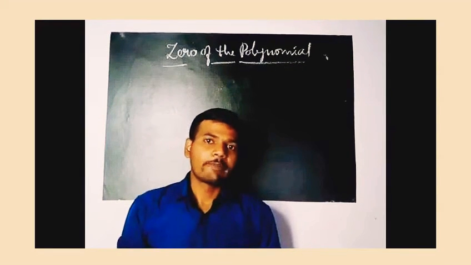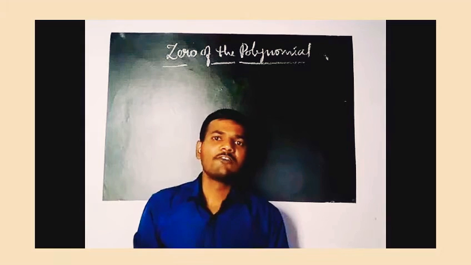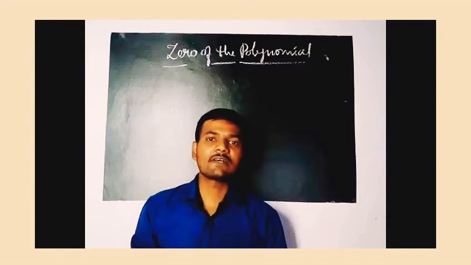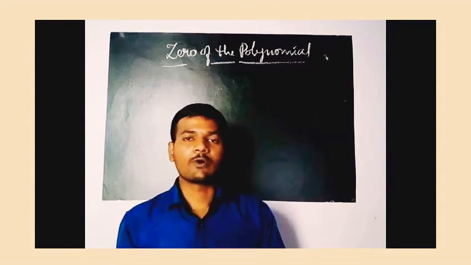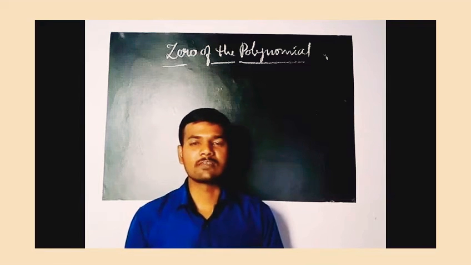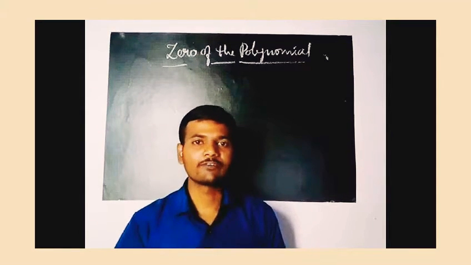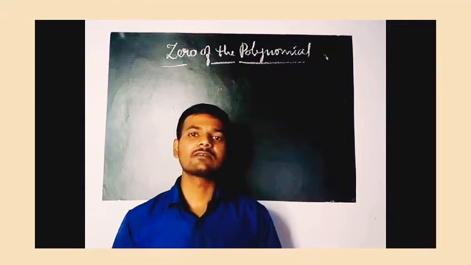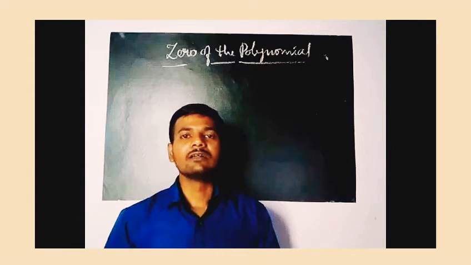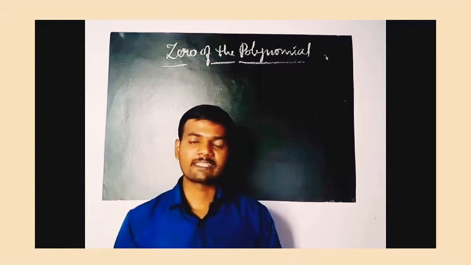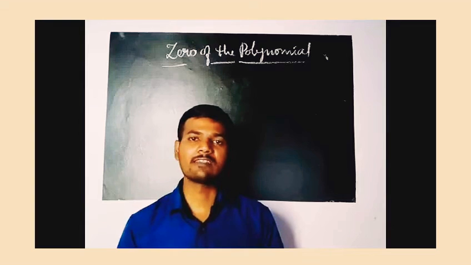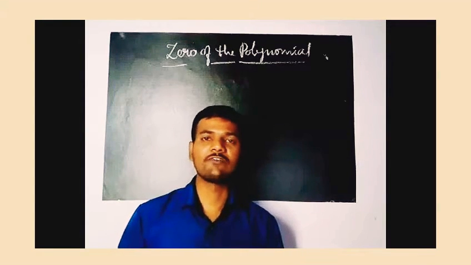Zero of the polynomial means the value of the variable which satisfies the given polynomial, or the value of the variable which makes the given polynomial zero, then we say that the value of the variable is a zero of the polynomial.